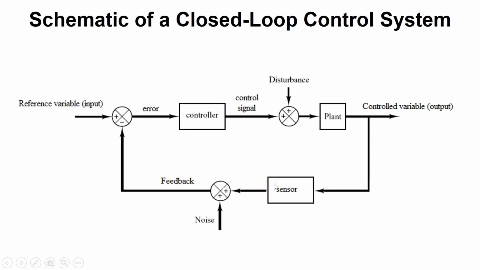Or if it's sophisticated, you can use GPS to measure your speed. So you have to have a way to convert this output into something that you can compare against your desired output or reference variable. So typically it's a voltage.